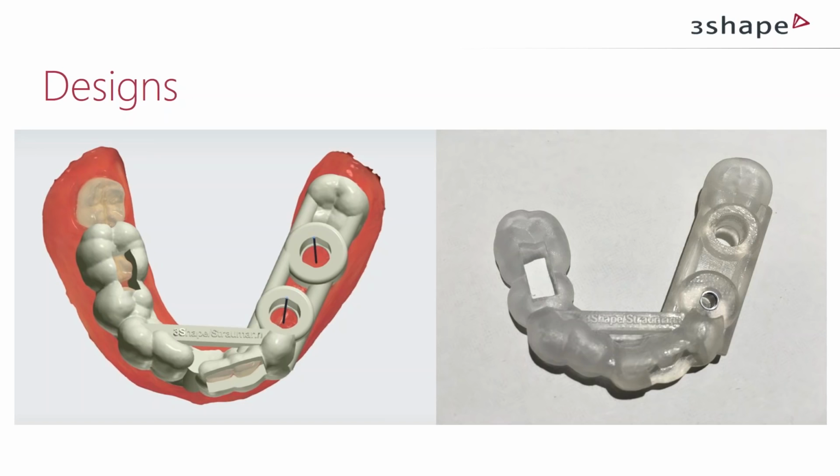But for the same case, this is a case where we have a 3-unit toothless area in the 3rd quadrant in the lower, and we have chosen to place 2 implants. Of course, 3 implants works as well, but for hygiene reasons, the choice here fell on doing 2 implants, and this is one design for that.